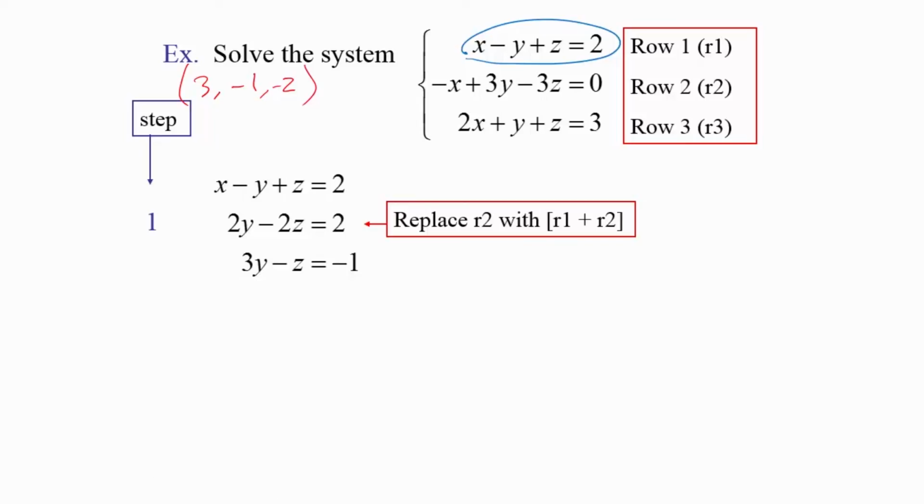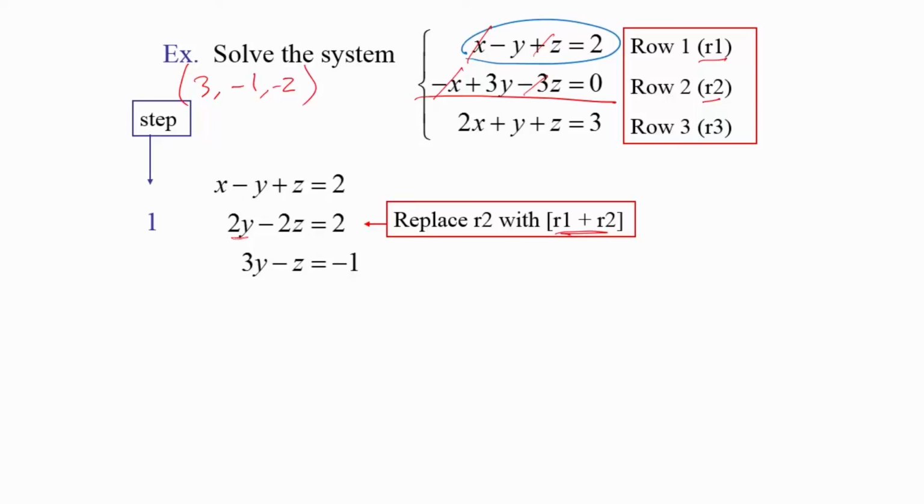If you add row 1 and row 2 together, which is what they have done, the minus x and x would cancel. 3y minus y would be 2y, and minus 3z and plus z would become minus 2z, and 0 plus 2 would be 2. So that's what they have done.